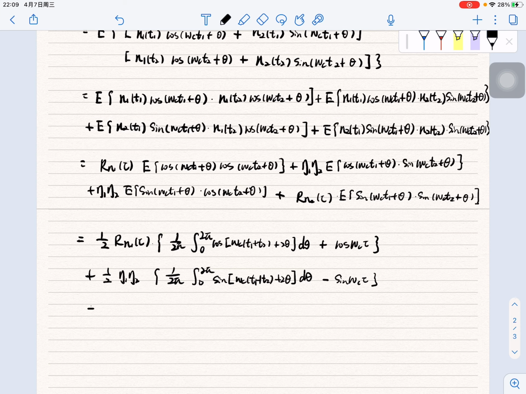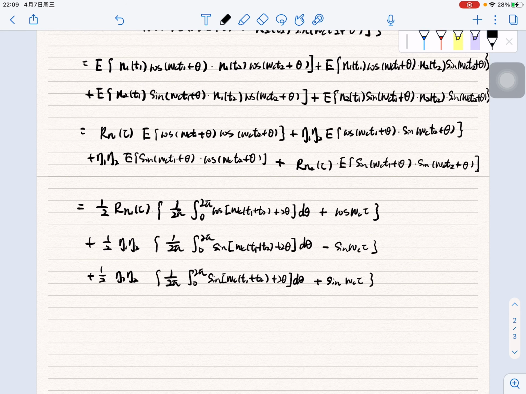The third term is 1/2 eta1 eta2 times 1 over 2 pi, the integration of theta from 0 to 2 pi, of sine omega c (t1 plus t2) plus 2 theta, plus sine omega c tau.